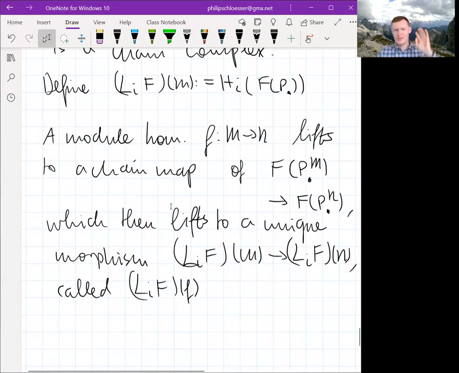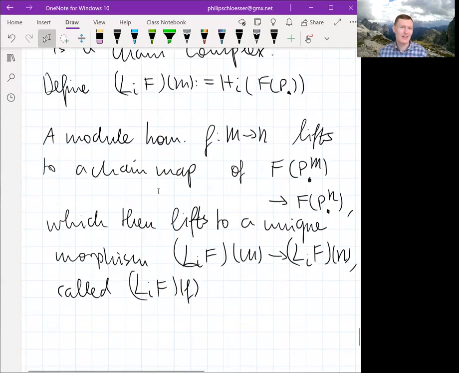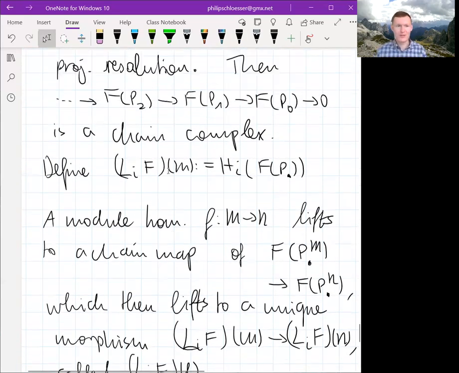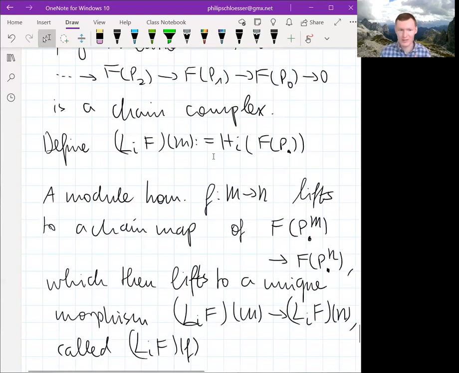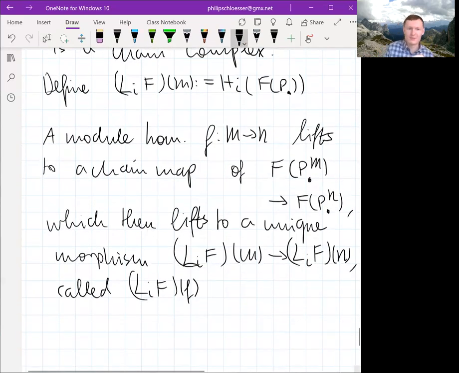And this is all very tedious, but in essence, we can prove that firstly, this is well-defined. If you use a different resolution, then in the end you're going to get homotopic chain complexes, which have isomorphic homology groups. So the action on objects is already well-defined. And similarly, this map here could lift in different ways to different chain maps, but those are homotopic.